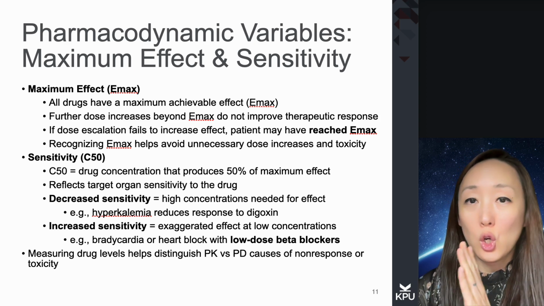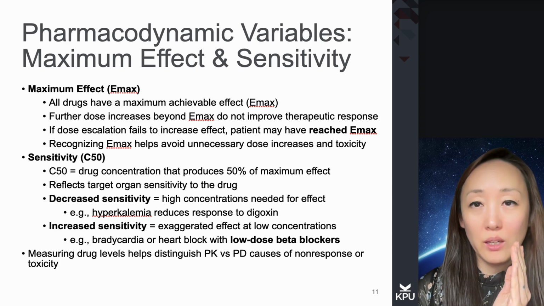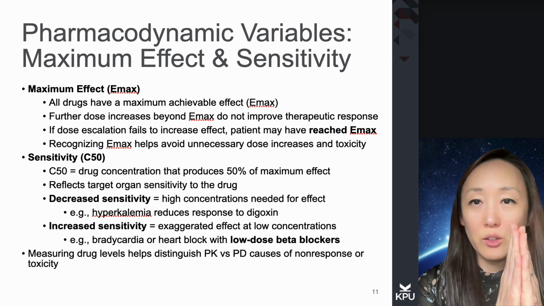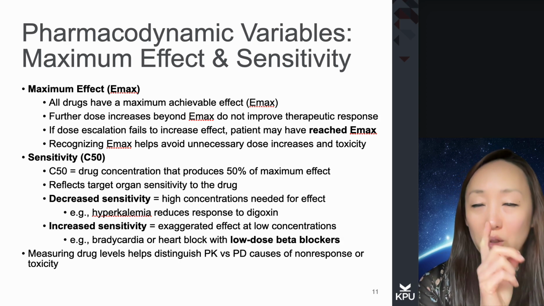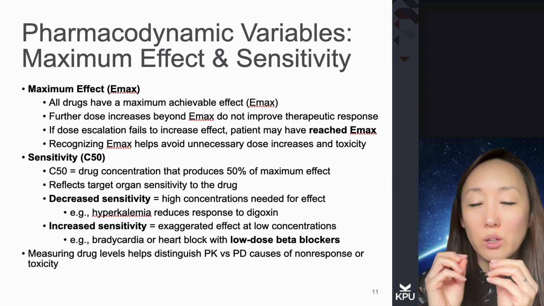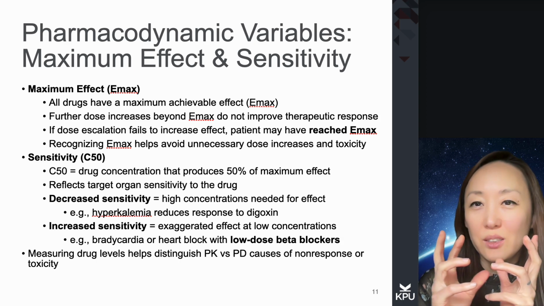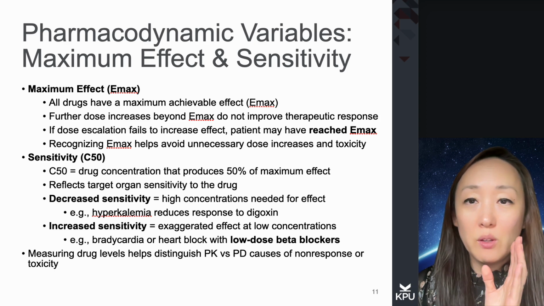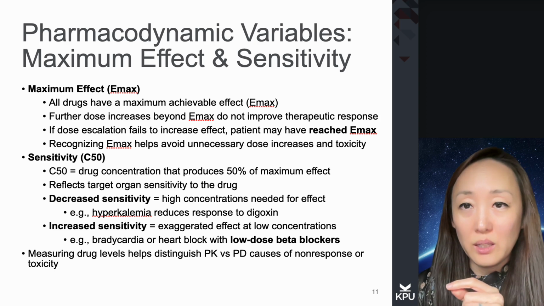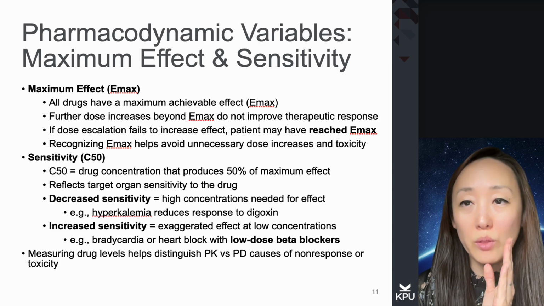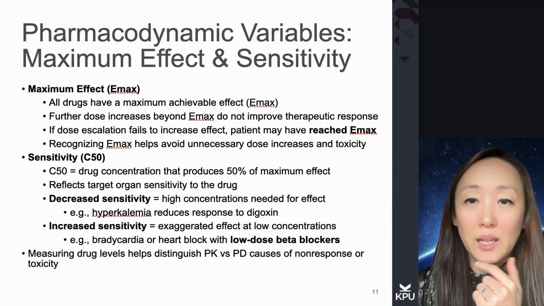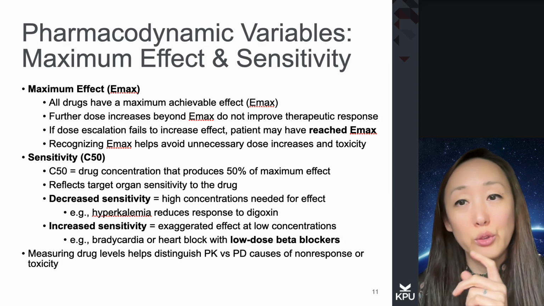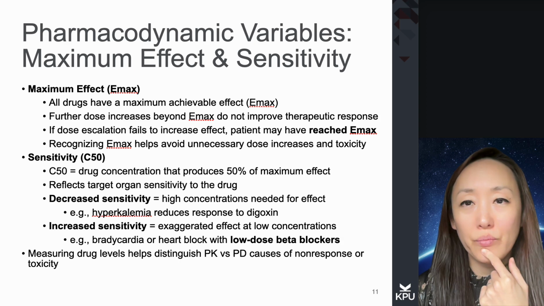So we know that the lower EC50, meaning the graph and the curve is shifted to the right, then you're looking at more potent drug effect. But of course, if the patient isn't responding despite achieving this normal therapeutic drug level, then it may be the case that they have reduced sensitivity.